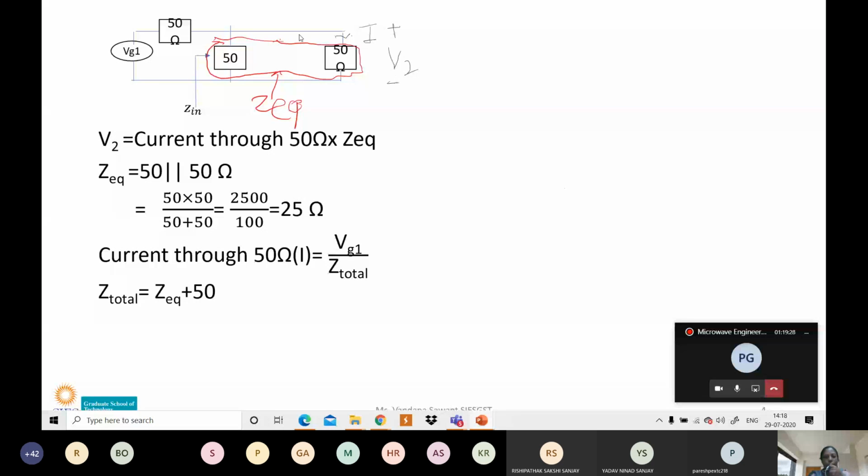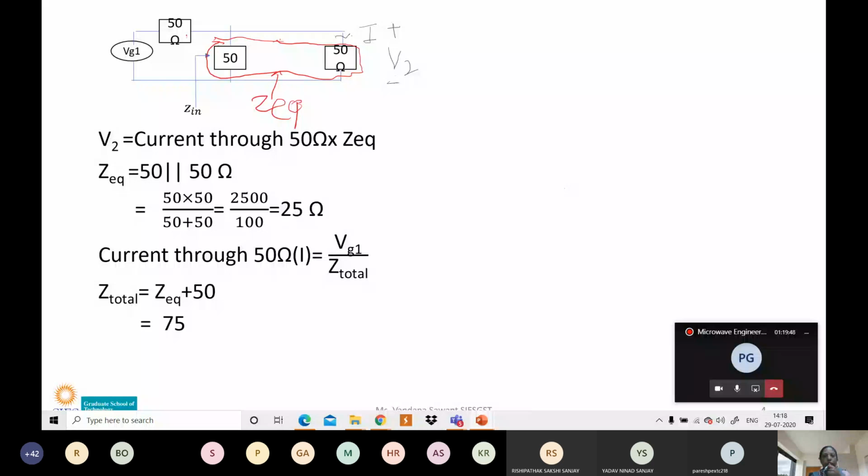Z equivalent is 25, and 25 plus 50 is 75. So you are getting Z total as 75.